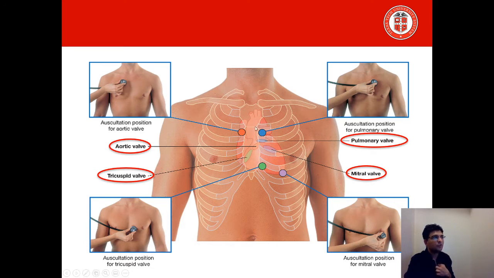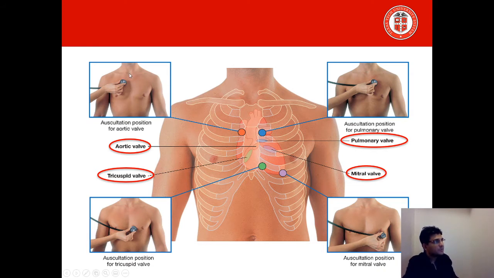There is a protuberance or a prominence here. And the important point here is that at this juncture, the second rib is going to attach, and below the second rib, you have the second intercostal space. So this is how you identify the milestones on the bare chest of the patient.